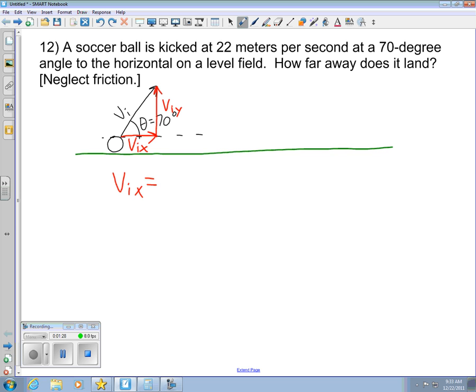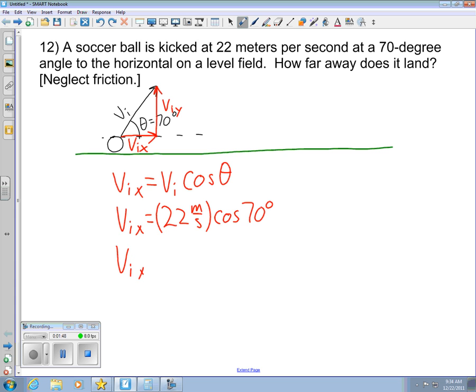VIX, the horizontal component, is VI times cosine of theta. Now I'll plug in the values, and I get the initial velocity is 22 meters per second. That's VI. And cosine of 70 degrees. And that gives me a VIX of, let me get my calculator up here.